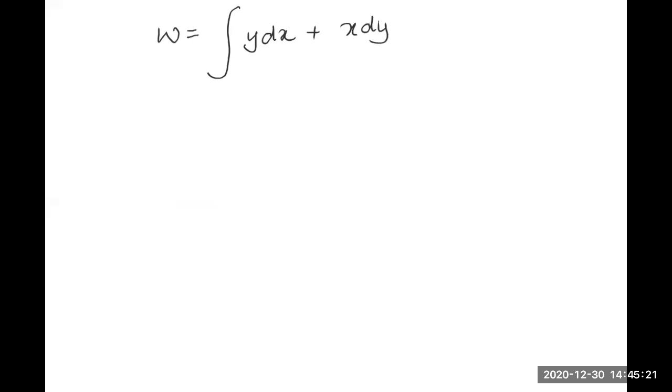Remember, this is the first work done we had calculated for the first force, and the force was y i cap plus x j cap. The answer that we found was 7 joules for the 4 paths. Do you all remember this? Everybody remembers this, right?